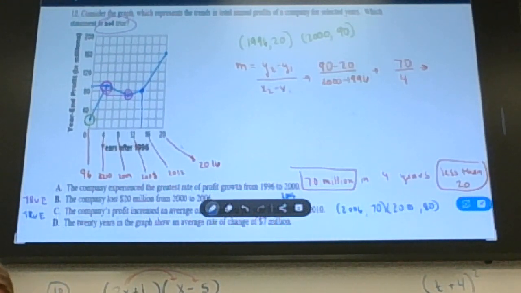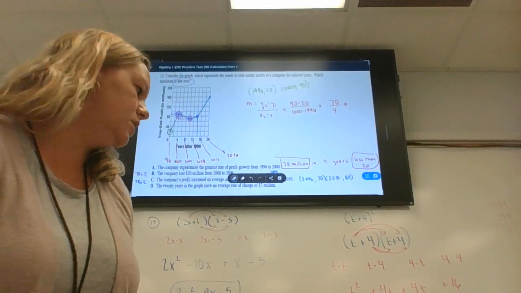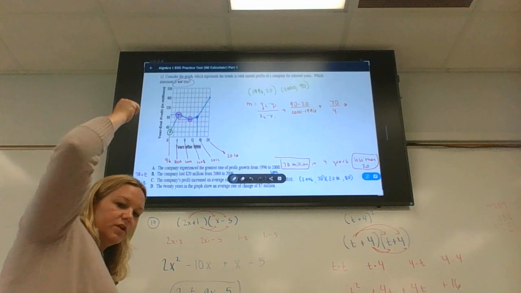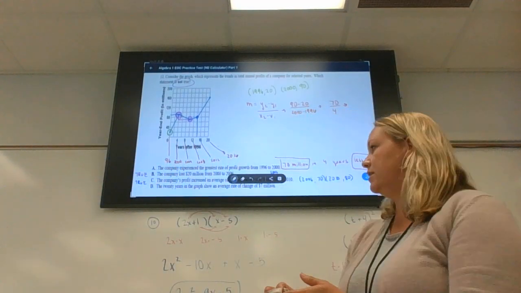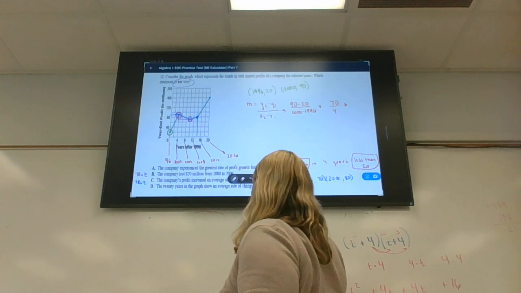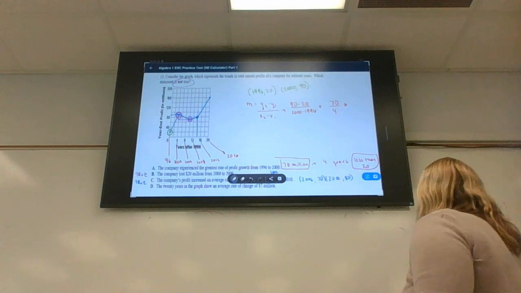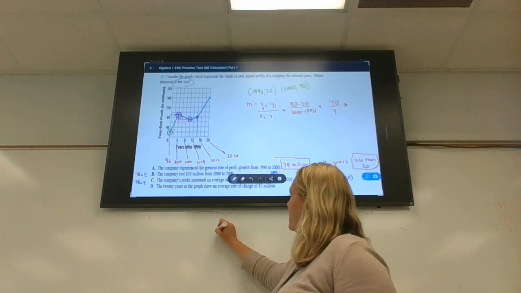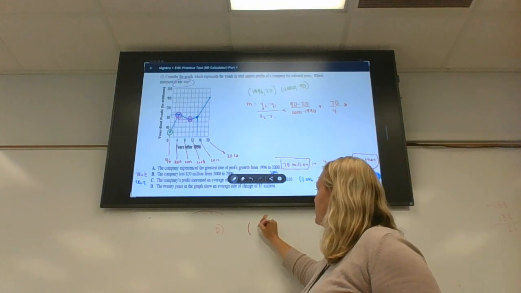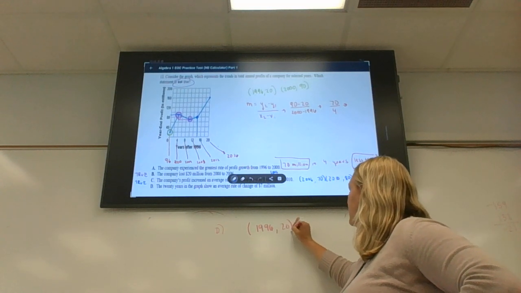The 20 years on the graph shows an average rate of change of 7 million. So if you're asked about the whole graph, even though the graph goes up and down, you pick the first point and the last point and do slope formula. So everybody, if you don't show any work so far, show work for letter D. Letter D, our first point would be 1996 at 20 million.